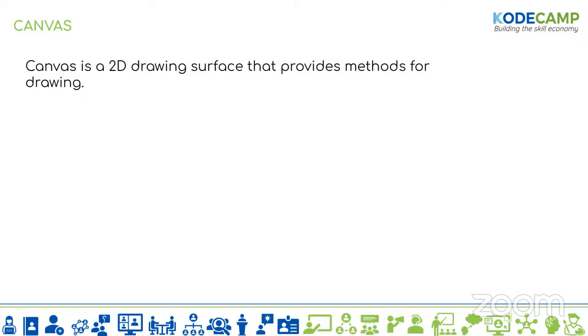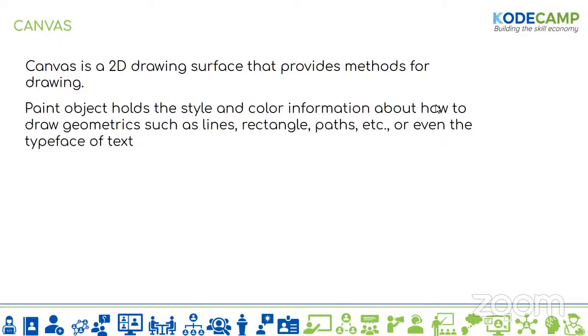Now, in making use of canvas, we're going to be using what we call a paint. A canvas helps you define shapes that you can draw on the screen. In making use of canvas, you need a paint object.